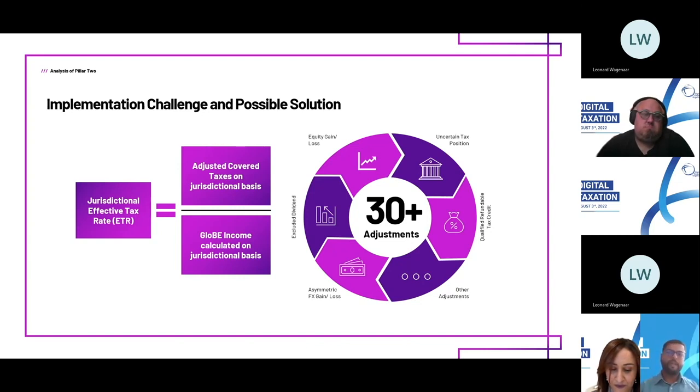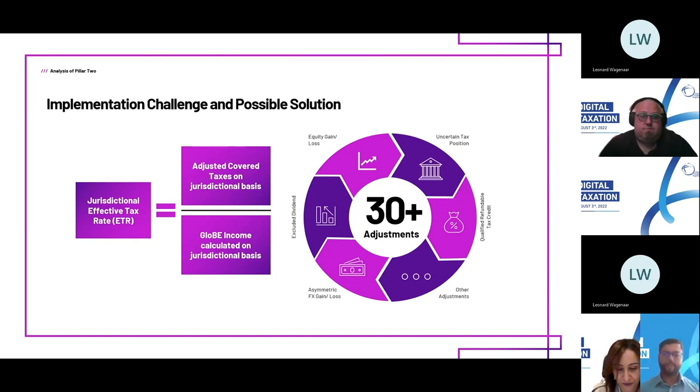Under the CbCR ETR safe harbor, if a jurisdiction's simplified ETR computed using the CbCR data is above a certain threshold, then no further work would be required for that jurisdiction under the Pillar 2 GloBE rules.